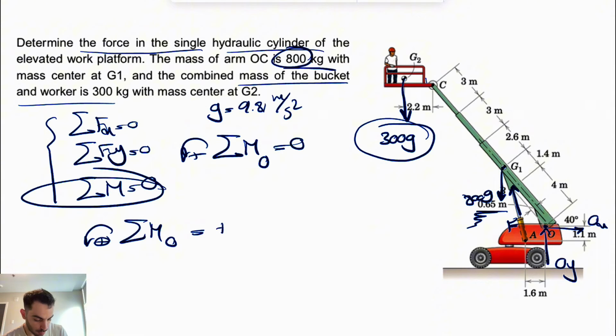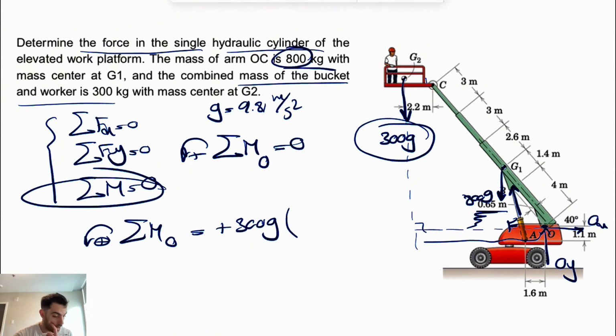So positive 300 G is the force, and we are using our 2D shortcut, which means we need to figure out the distance from O to the line of action of this force. So we are interested in this vertical distance, and the question is how we're going to find that. In the question we know that this distance is 2.2, so that's going to be that part.